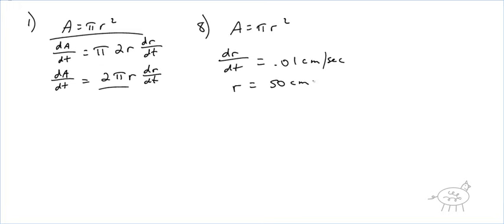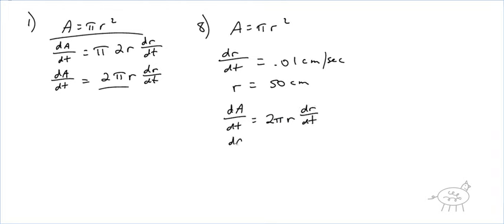So again, you don't plug this in now. You have to take the derivative first, because if you plug it in at that point, you're just going to get the area, but not when it's changing, as it's changing. We need to find dA dt. So that's really easy. I'm taking the derivative, so dA dt is equal to 2 pi r, same thing as before, 2 pi r dr dt.